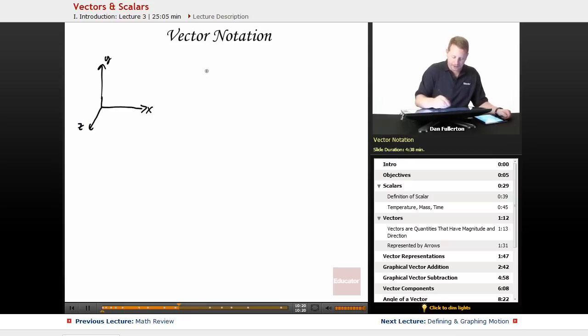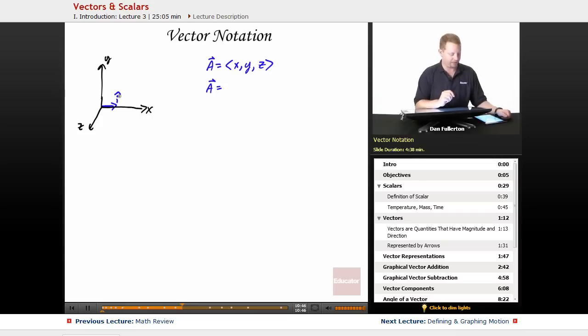If we have some vector a, we could express it as having an x component, a y component, and a z component. On the other hand, we could also look at it in terms of what are known as unit vectors, where if we take a vector of length 1 along the x-axis, we're going to call that specific vector i hat.